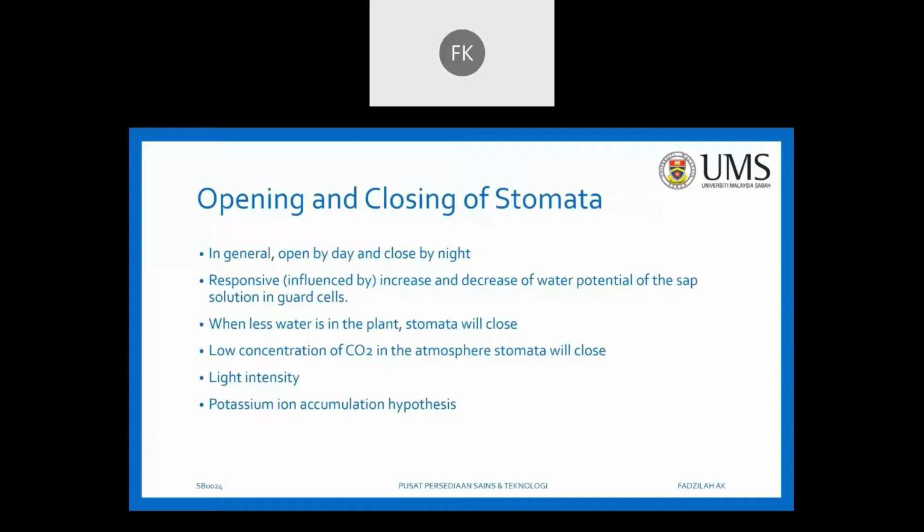When there is more solute in the sap, the water potential becomes less. When there is less water in the plant, stomata will close. When they sense a low concentration of carbon dioxide in the atmosphere, the stomata will close also.